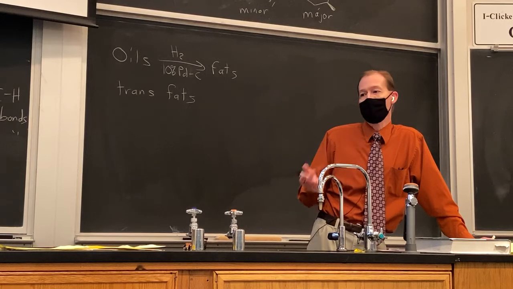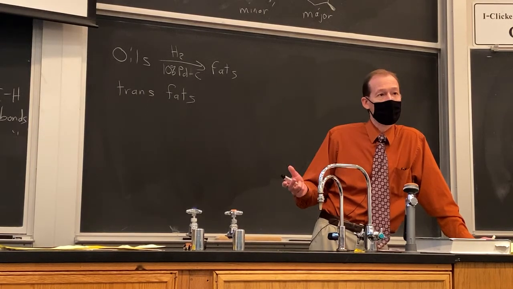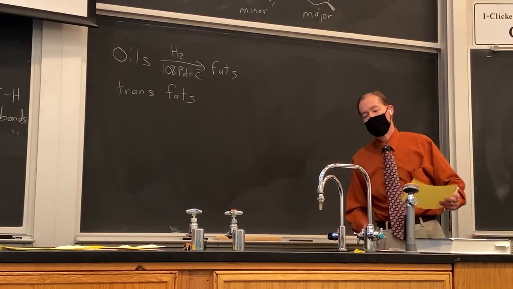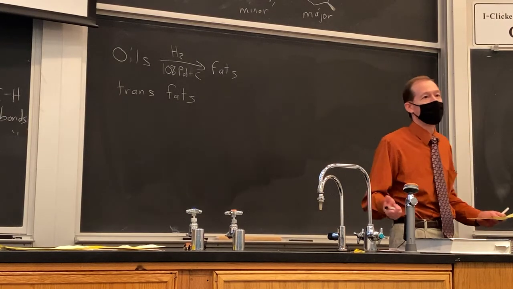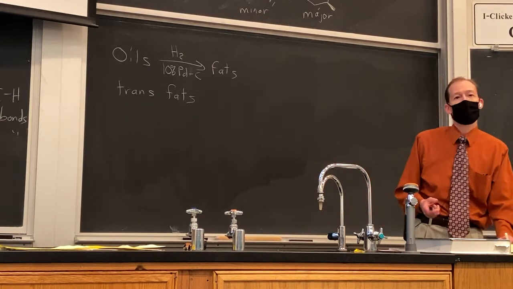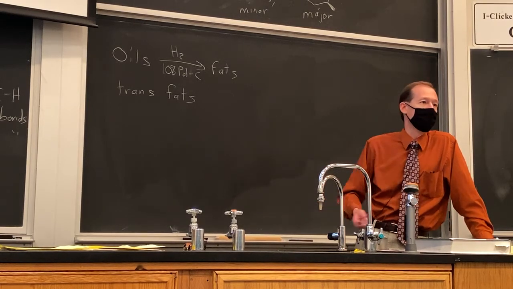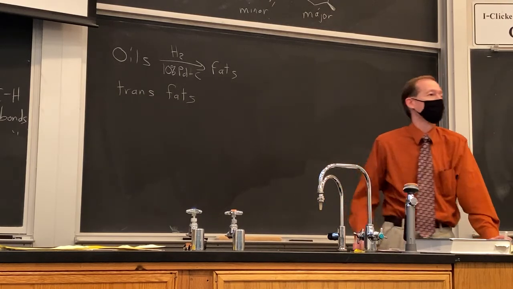And they also put effort into separating the trans fats out from the ones that have the cis double bond. So we can minimize those, but they are a byproduct that is produced when we do this partial hydrogenation. Okay? So products such as margarine and Crisco, those are partially hydrogenated vegetable oils. So all of you have used these before.